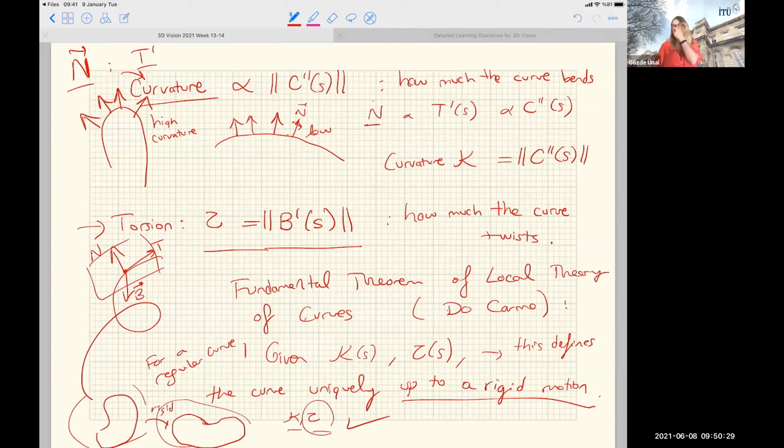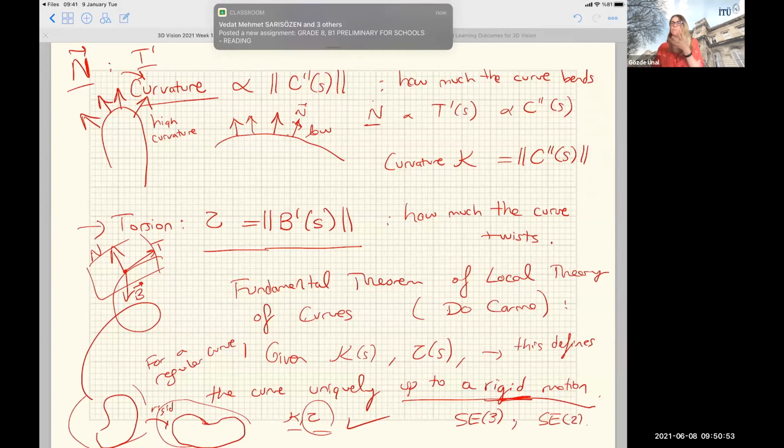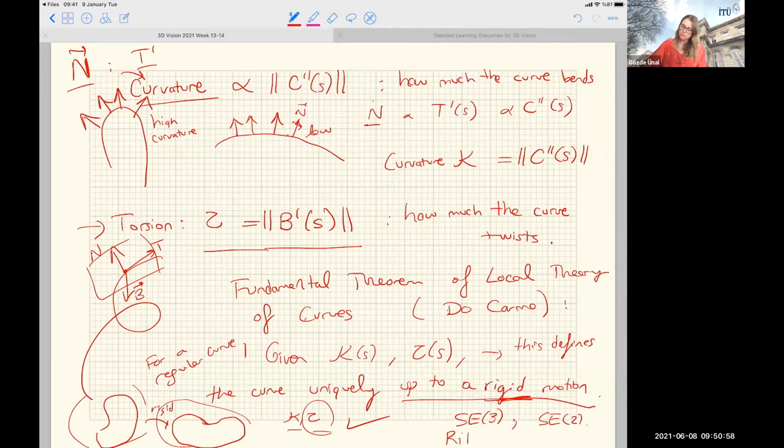These stay the same, because it's still the same curve, only rotated and translated in 3D to some place. It makes sense, right? Rigid means, as you now know well, the special Euclidean group SE3 or SE2. These don't deform the curve, this type of motion, rotation and translation. So our curvature and torsion functions don't change. It would be the same curve.